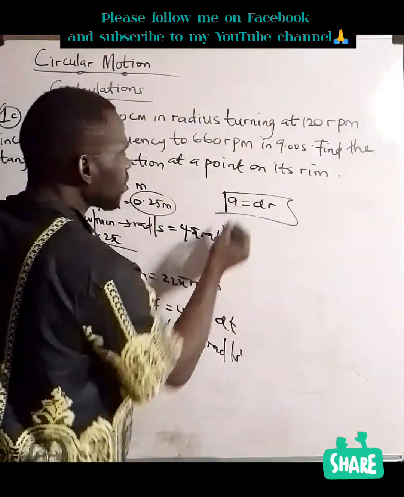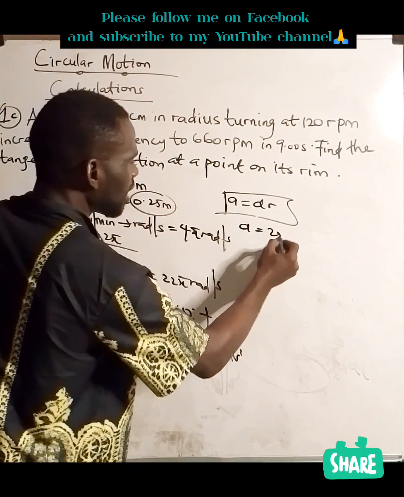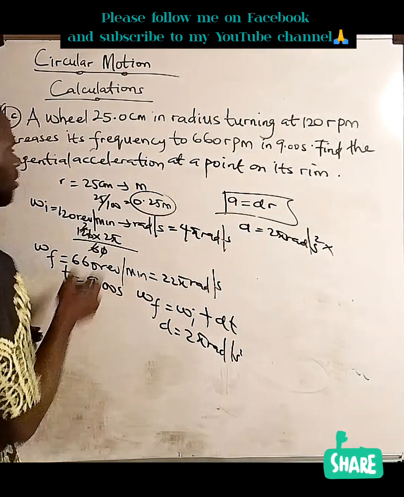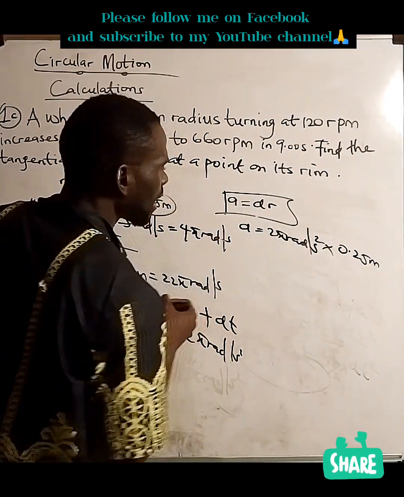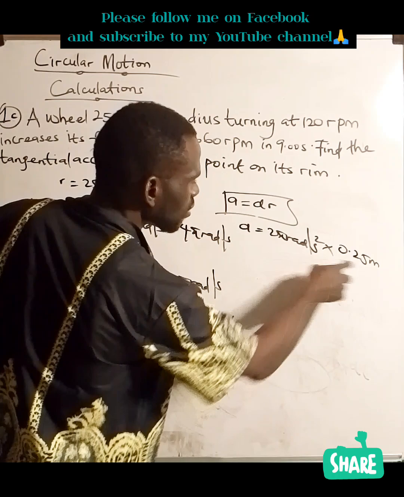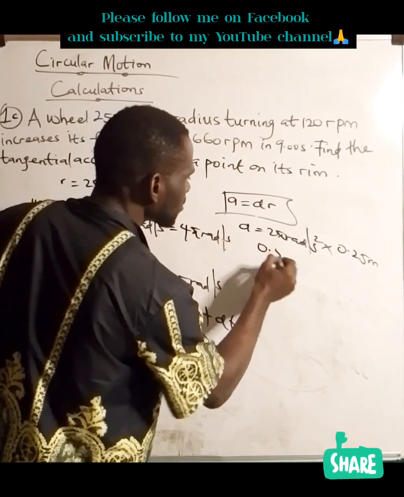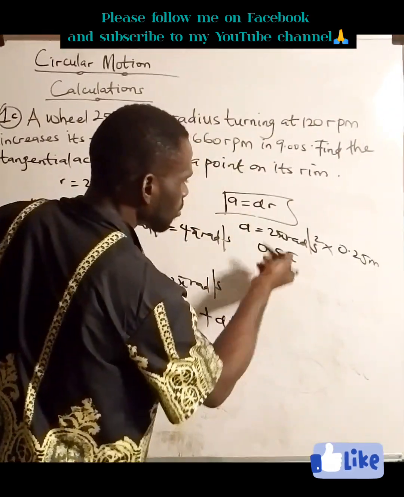So now, besides time, we've got our linear acceleration: angular acceleration, 2 pi rad per second squared, times radius. What's the radius? The radius is 0.25 meters. So you're going to multiply. 2 times 0.25 will give us 0.5 pi.